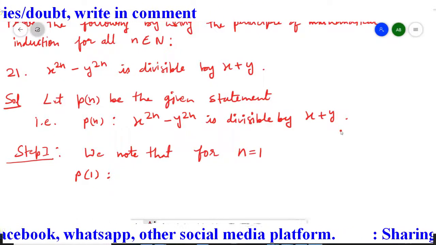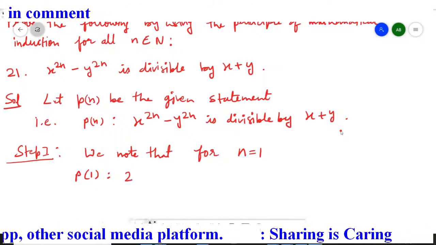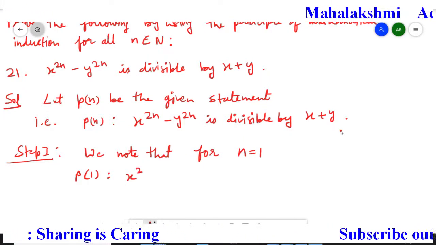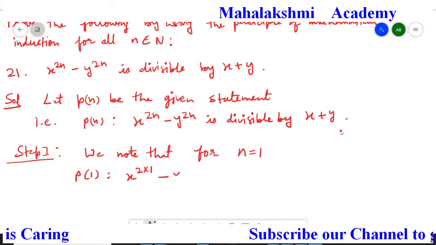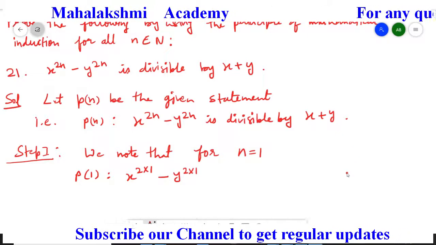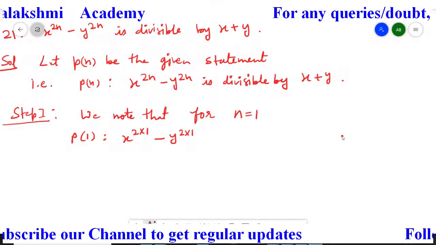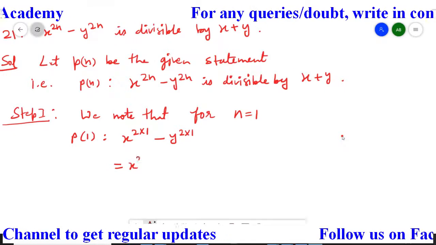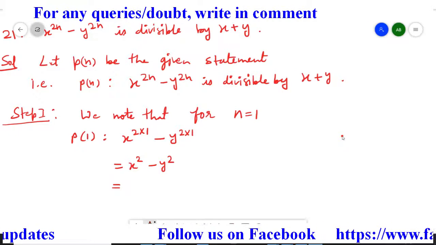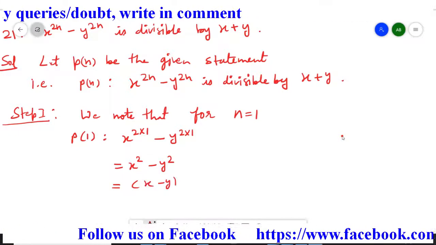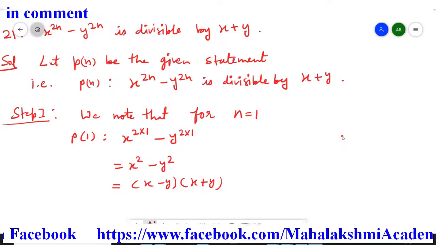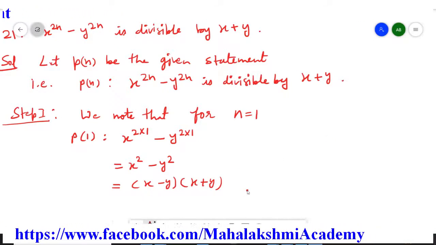So we will write here, we will get x to the power 2 multiplied by 1 minus y to the power 2 multiplied by 1. Now in next step it is going to be equal to x square minus y square, and a square minus b square you already know, that is one time minus sign and one time plus sign by the formula, and we can see that this statement is divisible by x plus y.